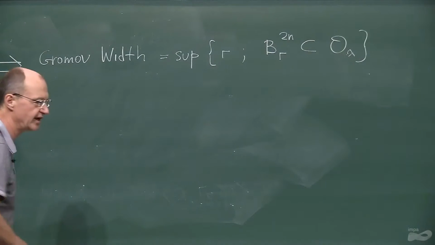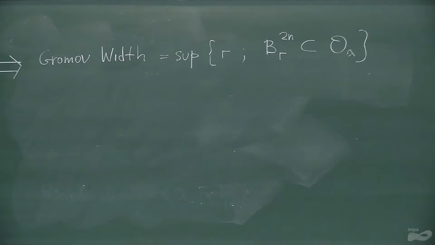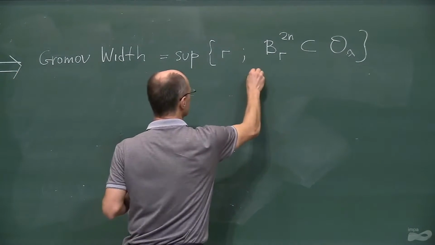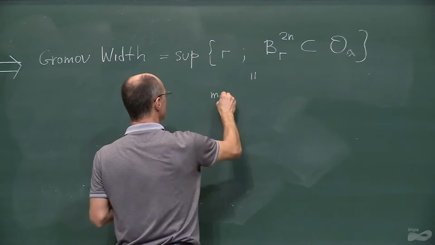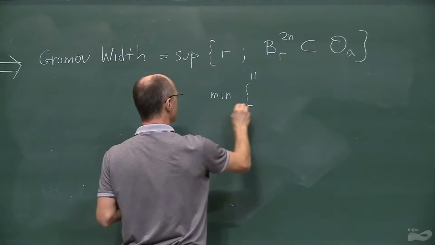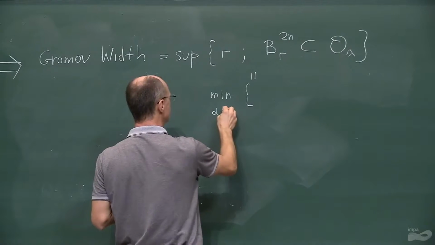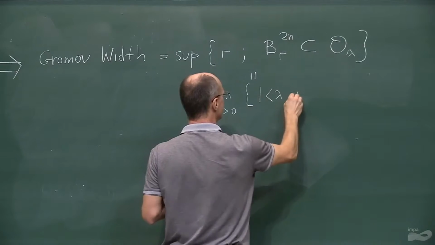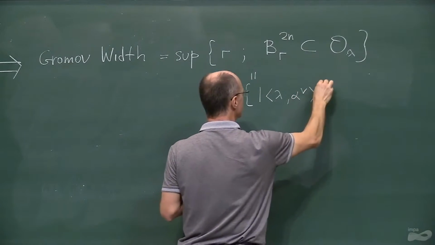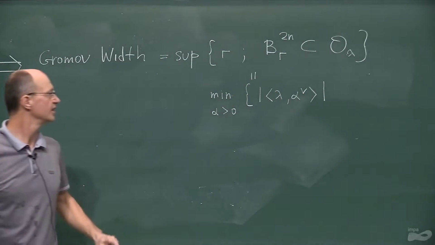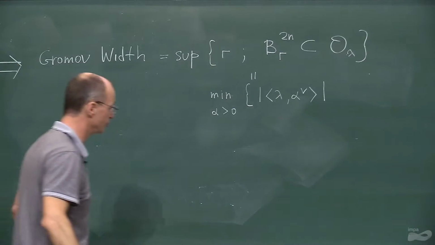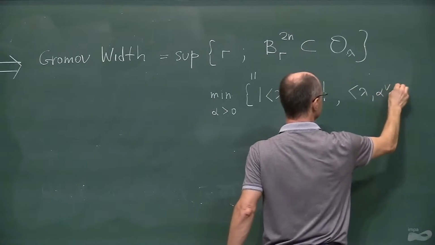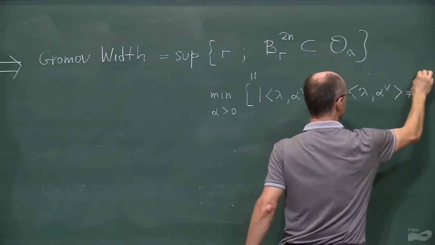On the one hand, the answer for a coadjoint orbit is supposed to be the minimum over positive roots of the products of the weight with those coroots, considering the non-zero ones.